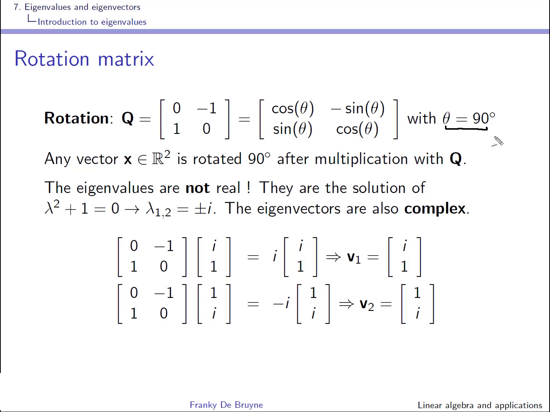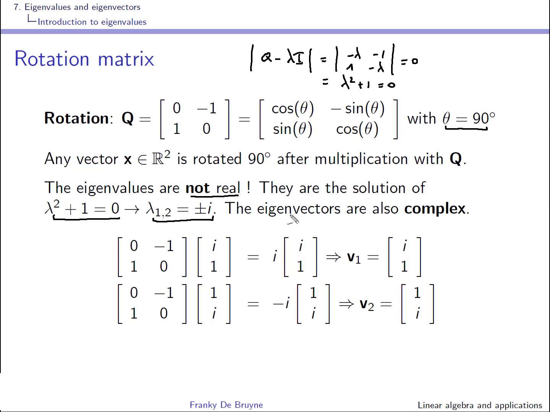So we rotate everything with 90 degrees by multiplication with Q. Okay, we can compute the eigenvalues, so you need to take the determinant of Q minus lambda I, and this is minus lambda, minus 1, minus lambda, and we have to take the determinant, so this leads to lambda squared plus 1 is equal to 0, and we see that the eigenvalues are complex, they are not real, and the corresponding eigenvectors you can compute them and they are complex as well.